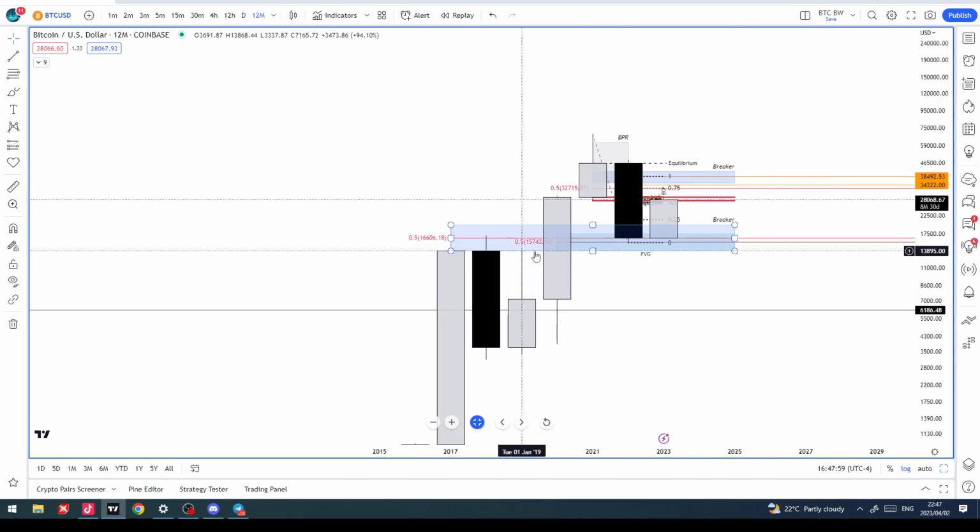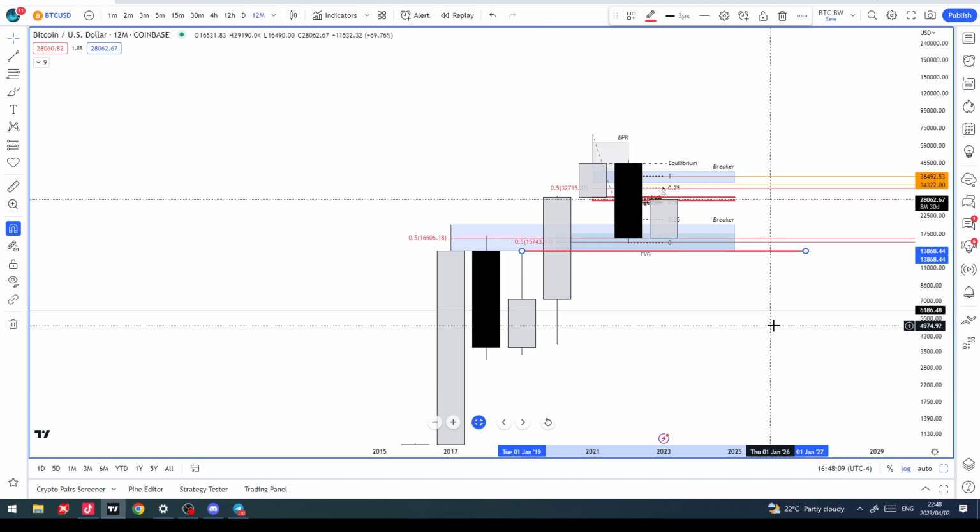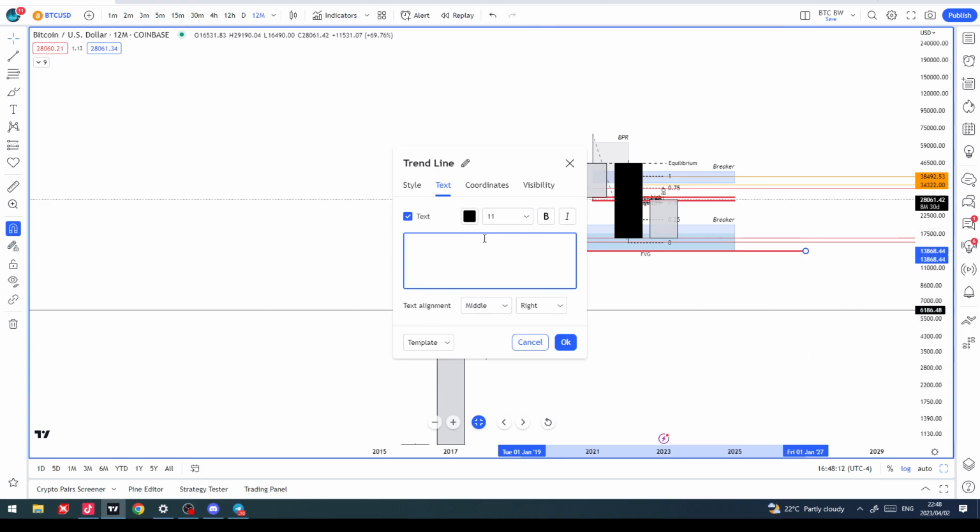What's more bearish for BTC is if on a yearly basis it closes below here, 13,868. Let's write it out here. Close below yearly FVG is market structure shift.